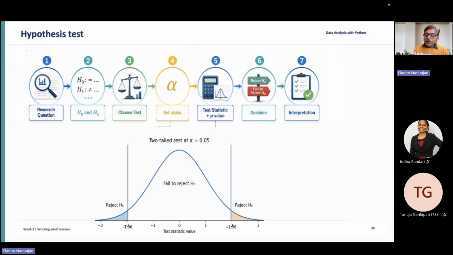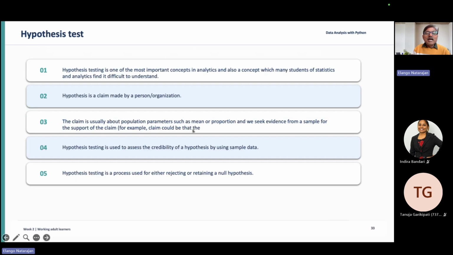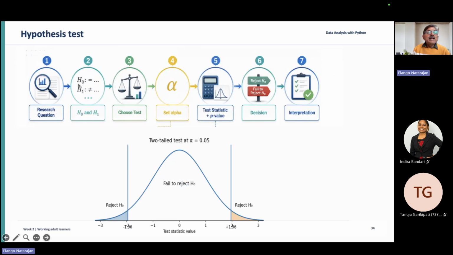So what we always do is write the hypothesis, which is called the null hypothesis. Hypothesis testing is a process we use either to reject or retain the null hypothesis. The null hypothesis is written like this: H naught. H1 is the alternative hypothesis. So after forming your research question, you have to write the null hypothesis and the alternate hypothesis.